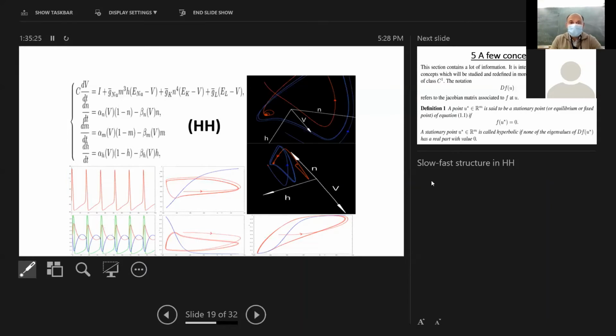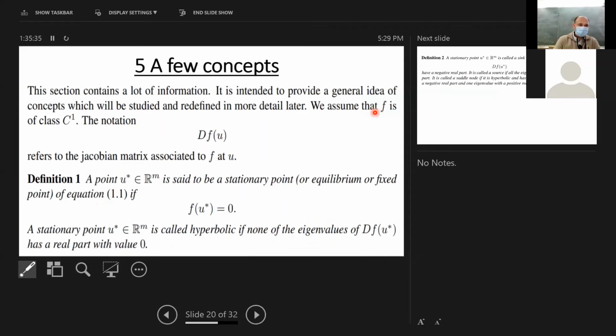All right, so we are now moving to the next section. In those examples, we observed some phenomena.